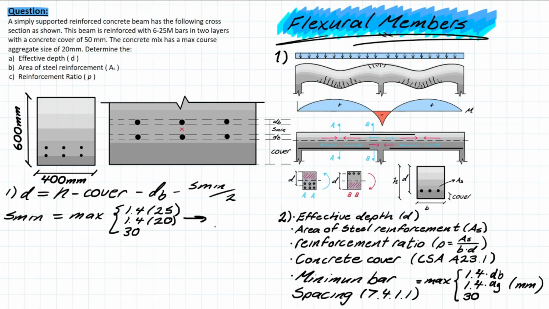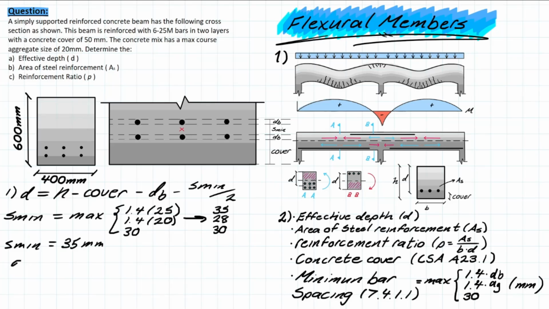And this, when solved, will give you 35, 28, and obviously 30. So the 35 is your max, so your s min will equal 35. We can assume that as the spacing between these two layers of rebar.